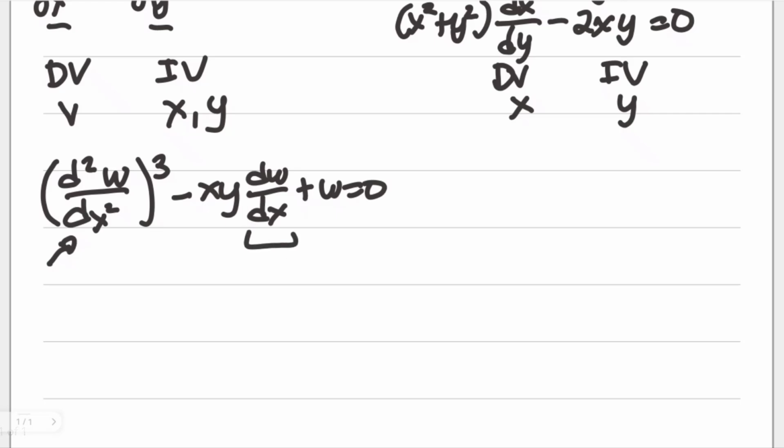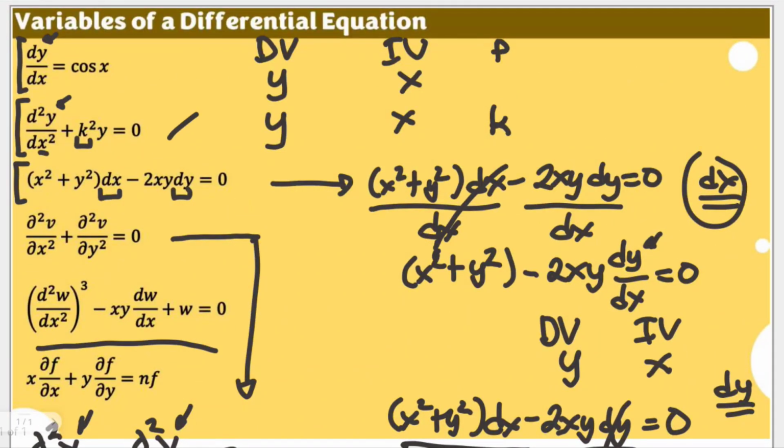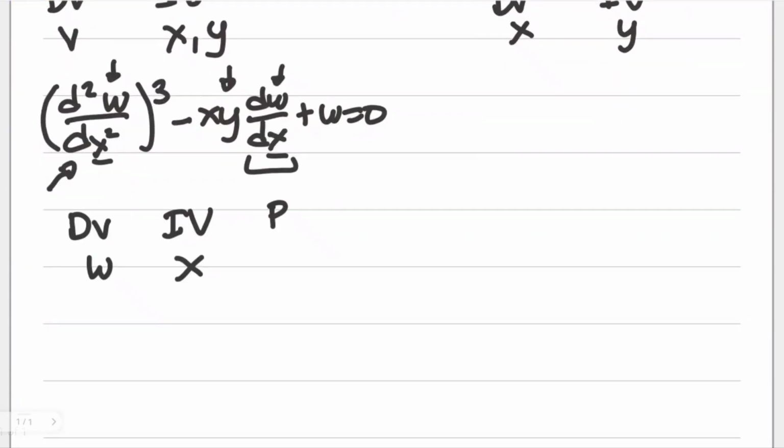We'll talk about order in a separate video as well. Obviously, our dependent variable here is w, and our independent variable is x, the variable in the denominator. But take note, we have a certain variable y. Similar to our k earlier in the second differential equation, it is what we call a parameter, which can take other values, specifically constants.